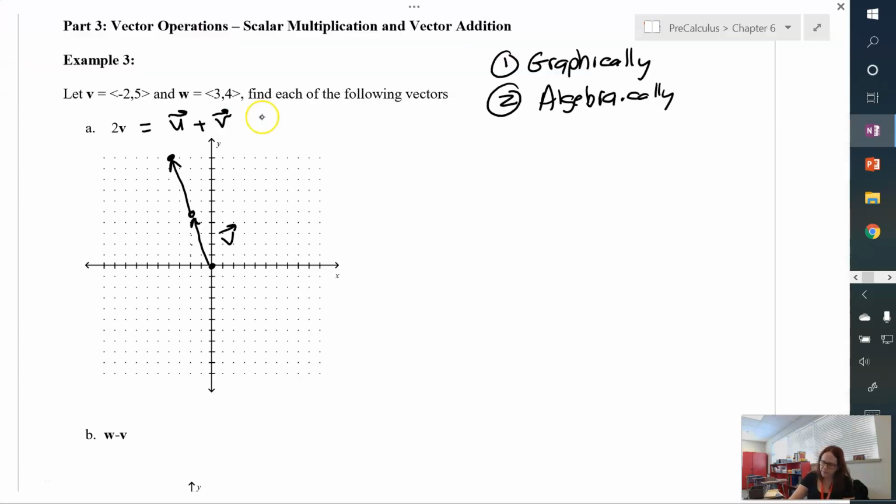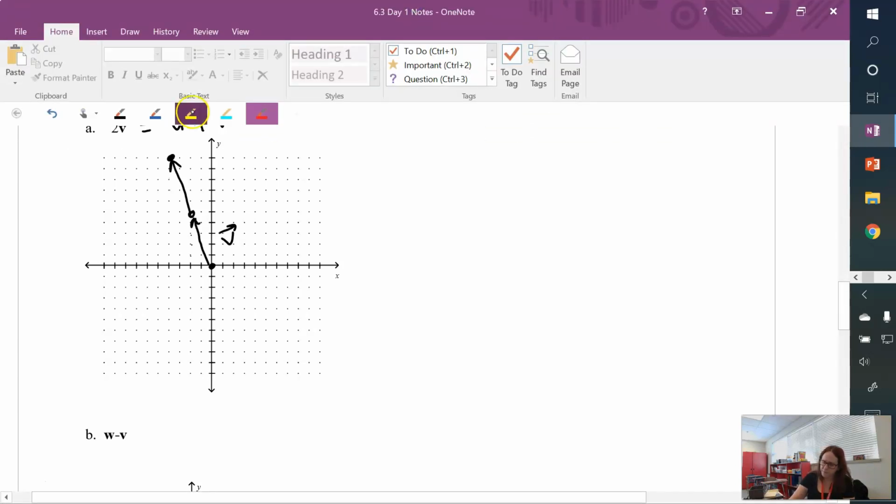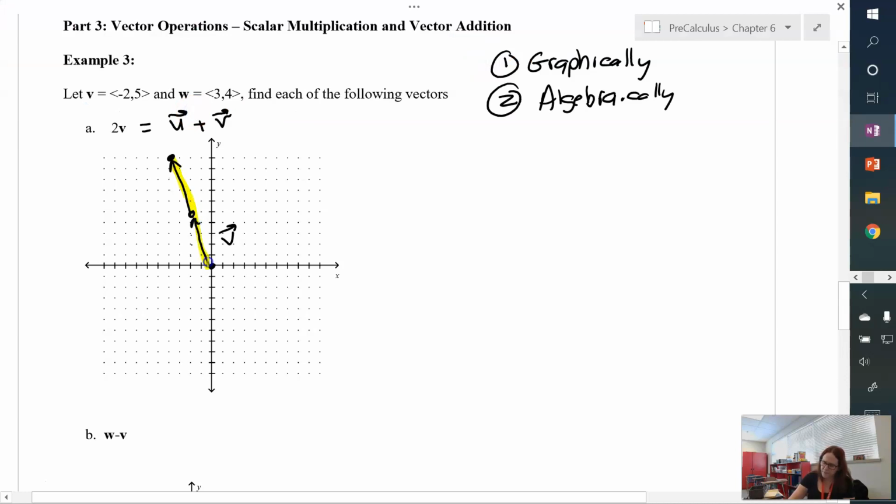I'm going to highlight it. I'm going to use my highlighter. And it ends at the coordinates 1, 2, 3, 4. So this is -4 and 10. So that's doing it graphically.